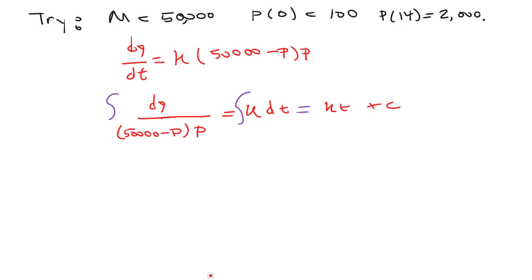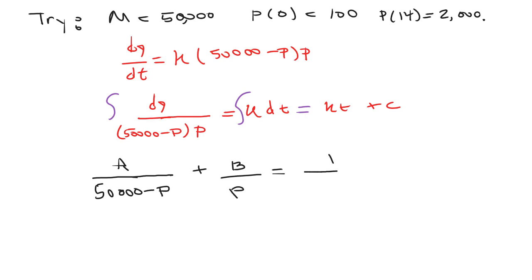But then how do you solve the one on the left-hand side? It represents basically a partial fraction decomposition, which says you would have to figure out what is A over 50,000 minus p plus B over p, and this has to equal basically 1 over 50,000 minus p, times p.